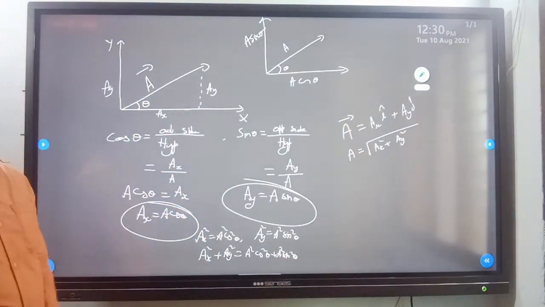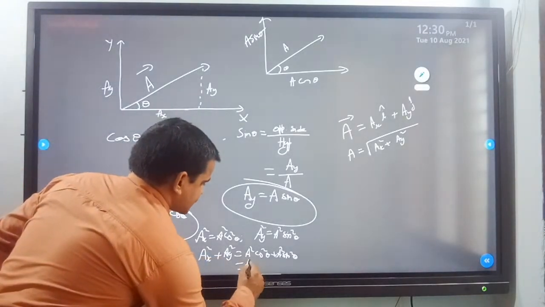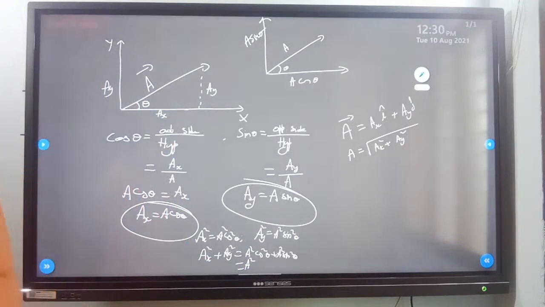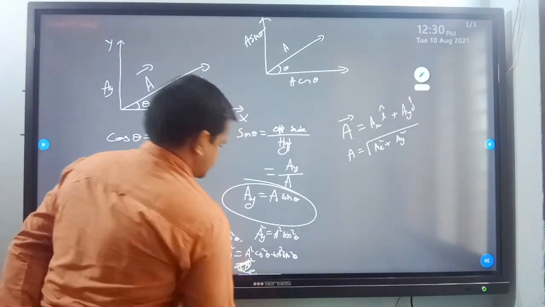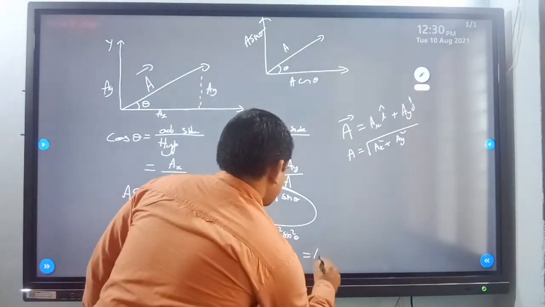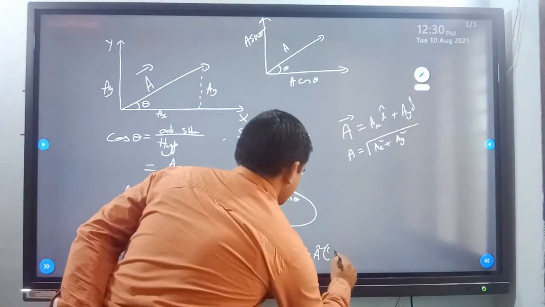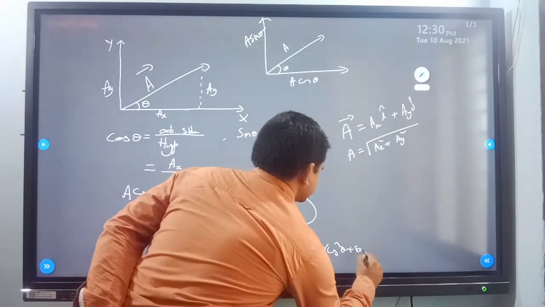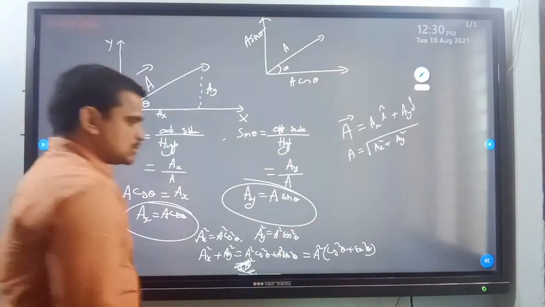Now take A square common here. What do you get? Cos square theta plus sin square theta, which is 1. So it is equal to A square.